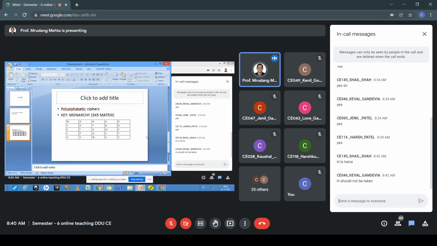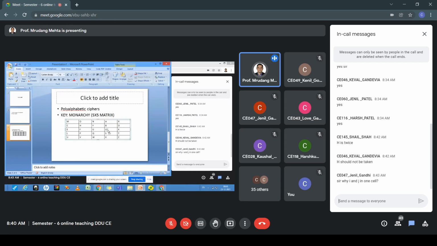This matrix is a key. Okay. All of you have understood it? This matrix is a key, and each cell of the matrix is a unique character, from A to Z. Why are I and J in one cell?